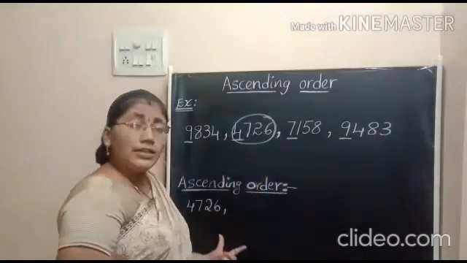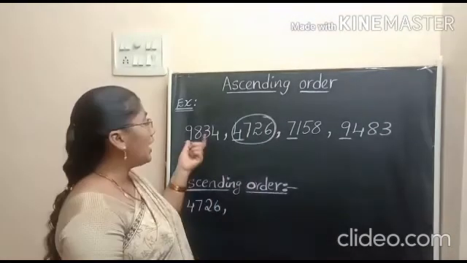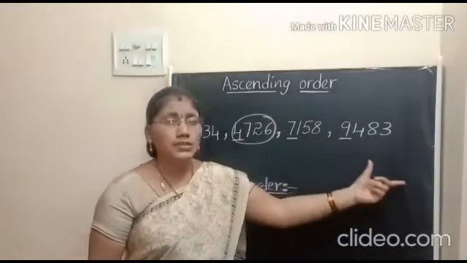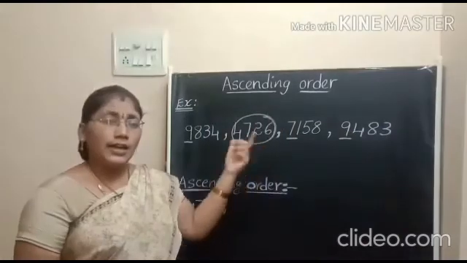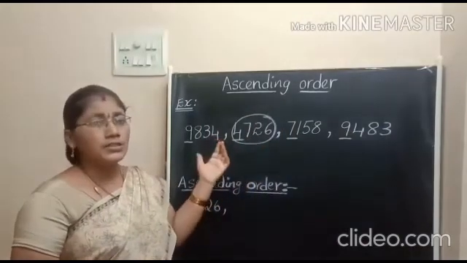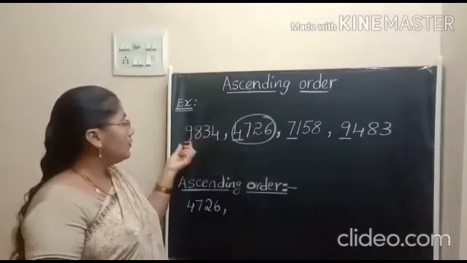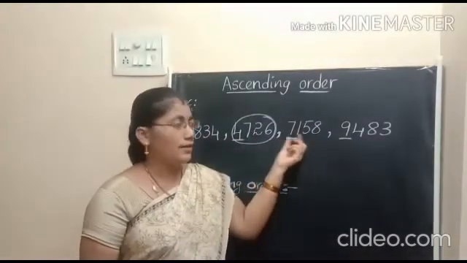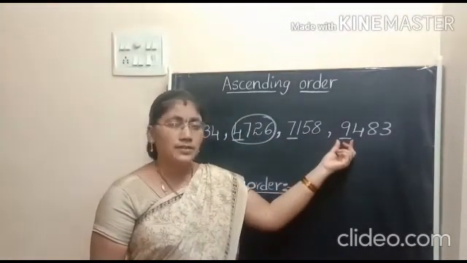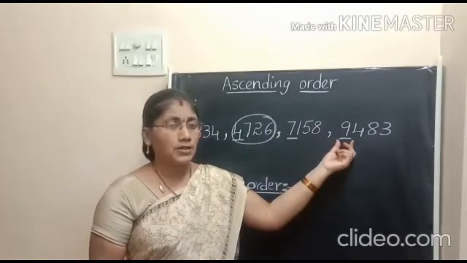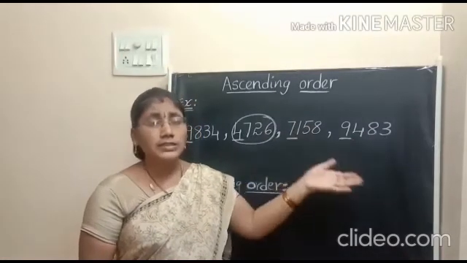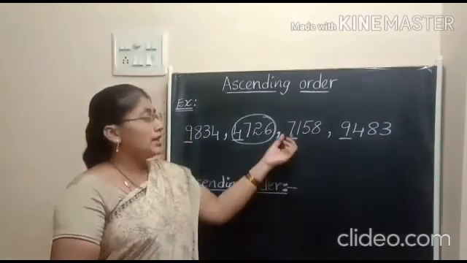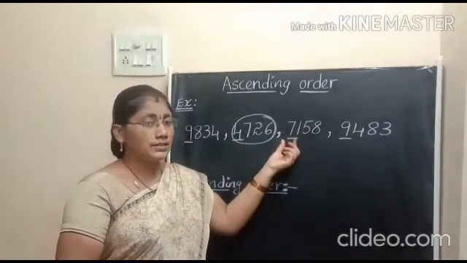After writing 4726 in the ascending order, we have only 3 numbers to compare. Again, we should compare the first digit. Here the first digit is 9. Here the first digit is 7. And the first digit is 9 for the last number. So, which is the smallest digit? 7 is the smallest digit.